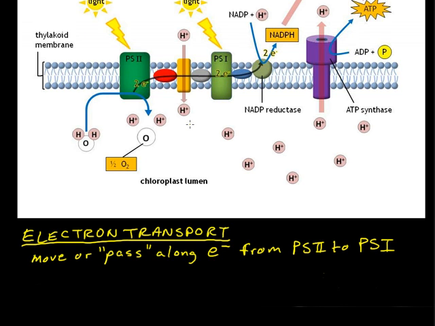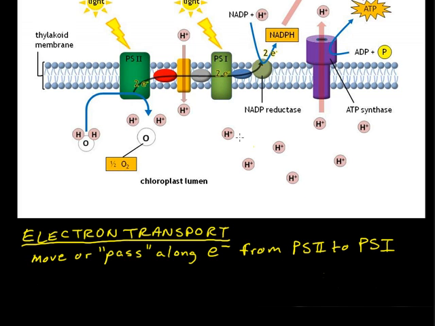Remember, membranes are semi-permeable. This not being water can't just pass through the membrane, so it has to be helped across. And so basically, this guy in the middle here takes some of the power from these electrons and uses it to pump hydrogen ions from this side of the membrane to this side of the membrane.